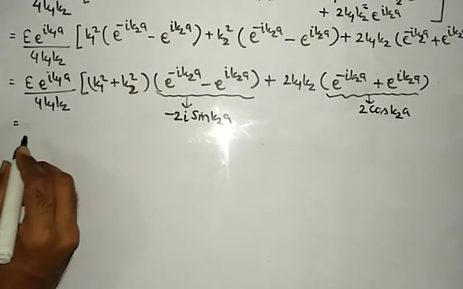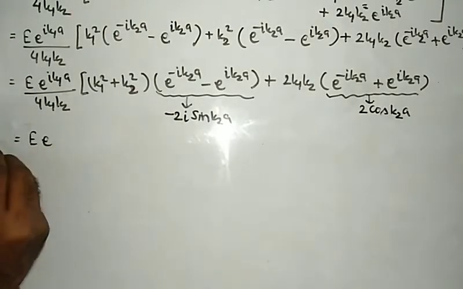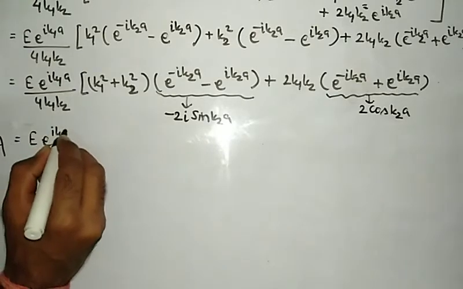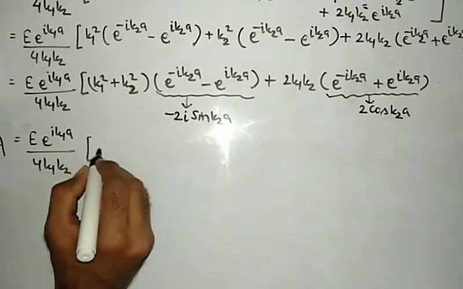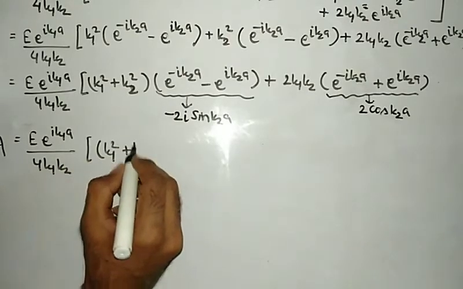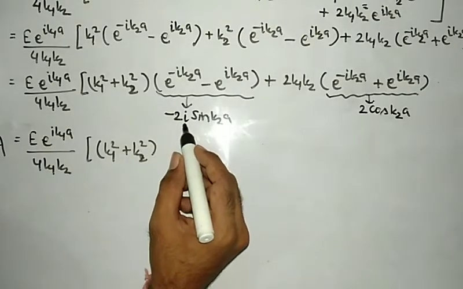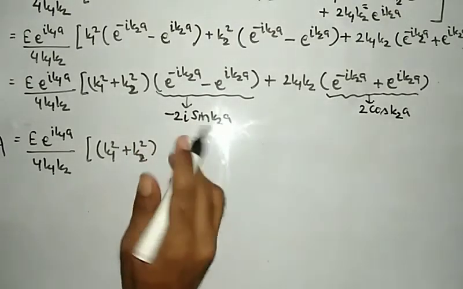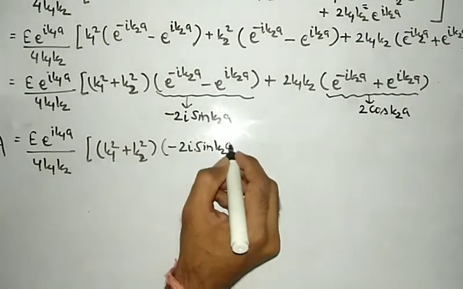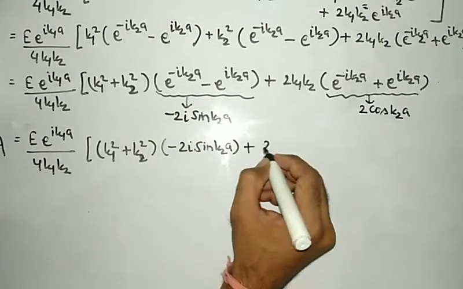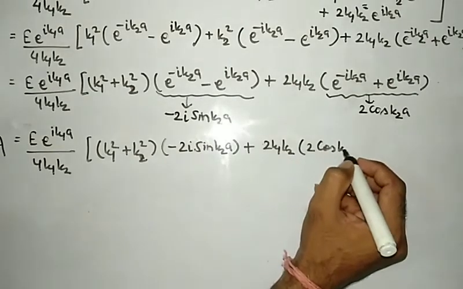Now writing out the equation, what is e, this is equal to a e to the power i k1 a upon 4 k1 k2 times k1 square plus k2 square, minus 2i sin k2 a plus 2 k1 k2 times 2 cos k2 a.